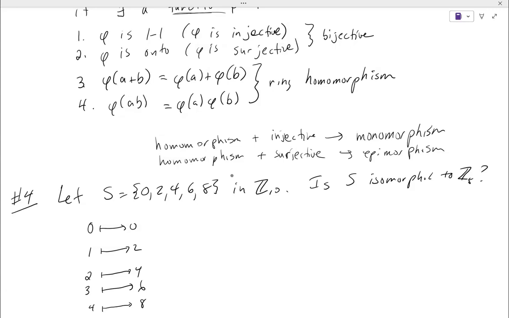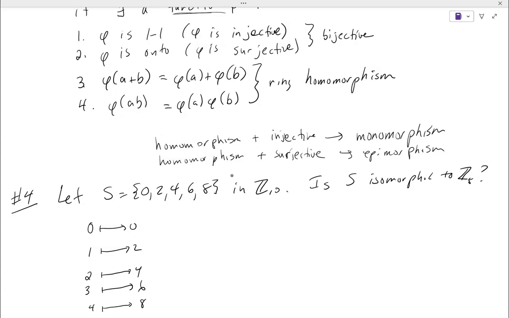That goes from Z5 to the set S. Z5 is 0, 1, 2, 3, 4. S is 0, 2, 4, 6, 8. That is certainly the way I've written that. And by the way, that's just a fancy notation to say the element 0 goes to 0, and that's why we put the little vertical bar on there. Okay. Element 0 goes to 0, 1 goes to 2, 2 goes to 4, 3 goes to 6, 4 goes to 8. It's doubling, right?